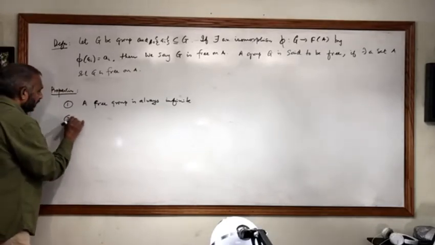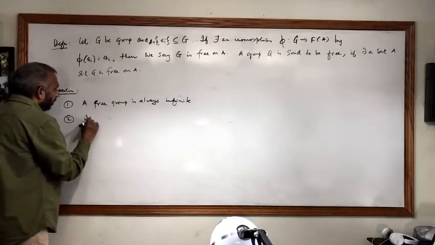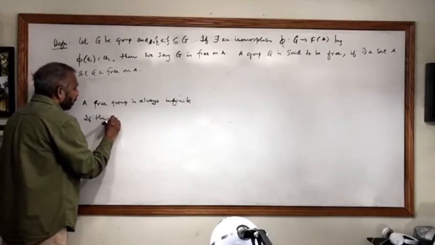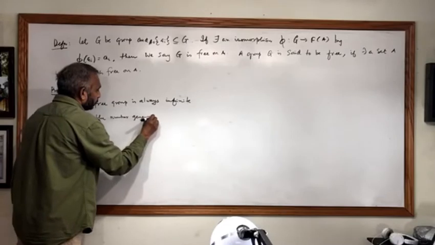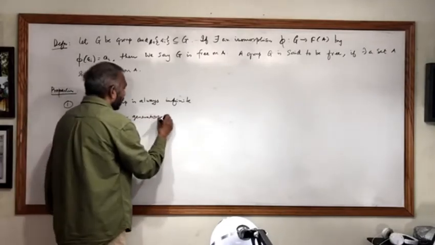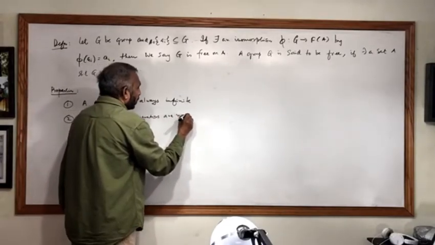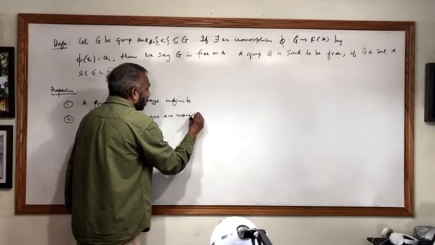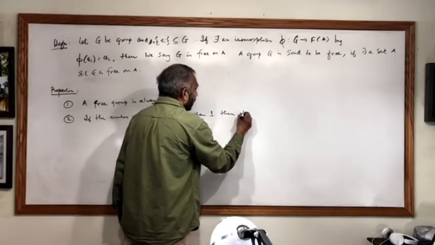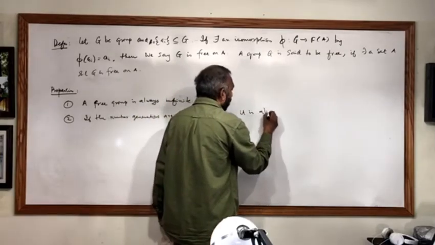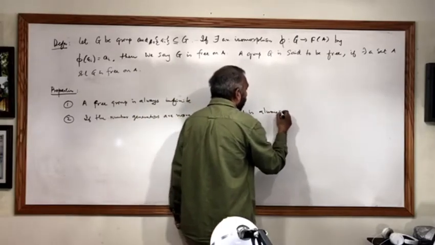Second thing is, if the number of generators is more than 1, then it is always non-abelian.